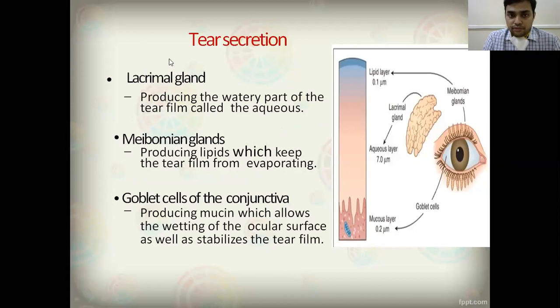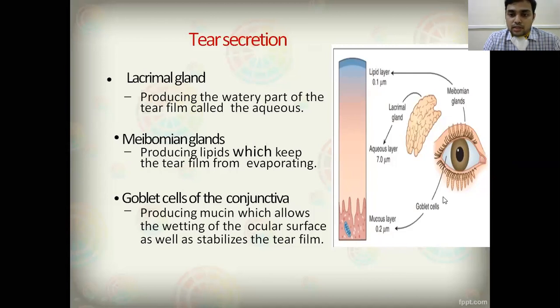So from where are the different layers of tears secreted? From the lacrimal gland, the aqueous layer is secreted, which forms the main bulk of the tear film, and it has anti-infective properties. From the meibomian gland, the lipid layer, that is the superficial layer of the tear film, is secreted, which, as it is lipid in nature, prevents the evaporation of the tears.